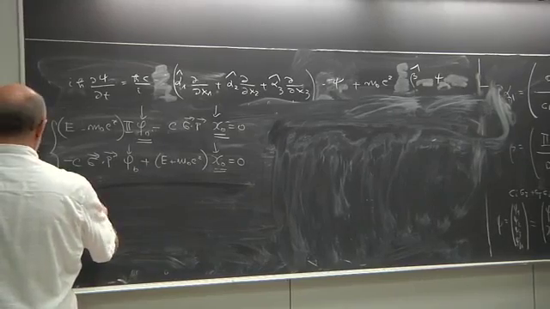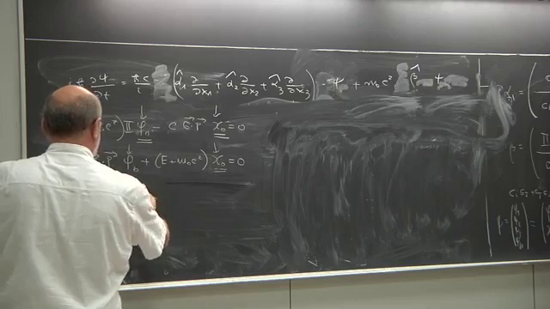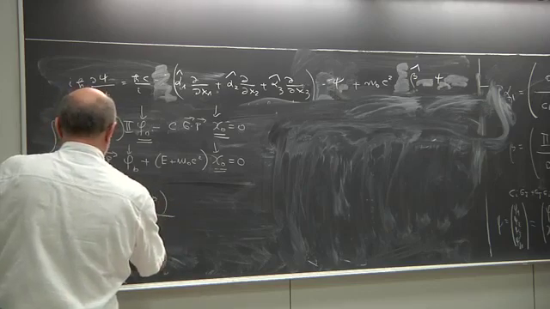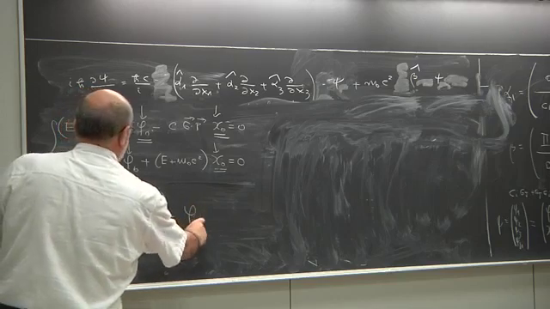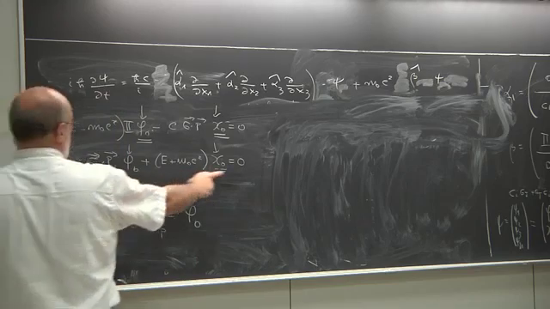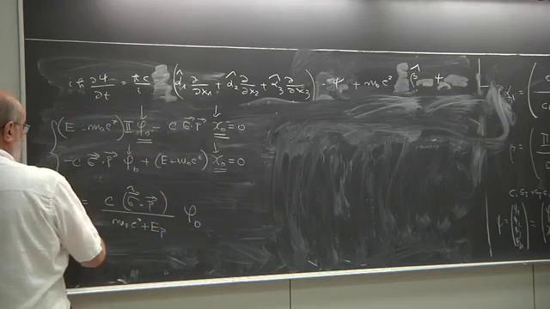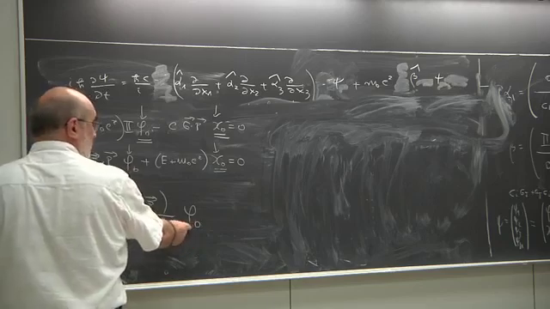Then we get that chi0 is equal to c sigma dot p over m0 c squared plus E_p, times phi0. Okay, so we have solved this equation. Check the various c's because I might have lost some of them. This is a 2 by 2 vector that depends on the other, so it is fixed.